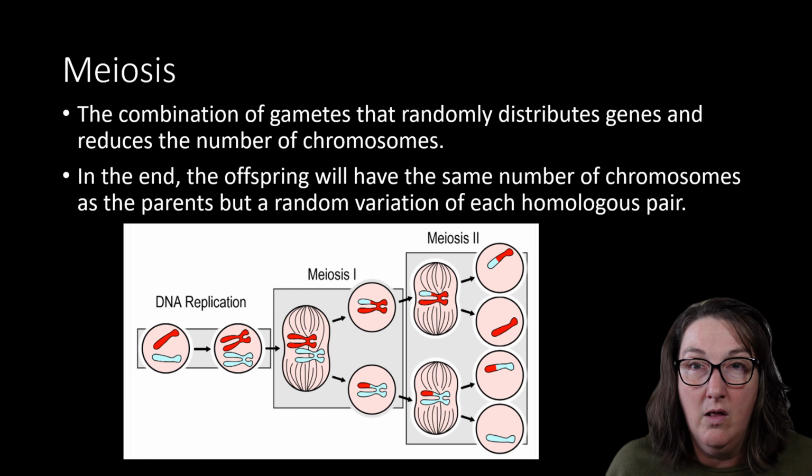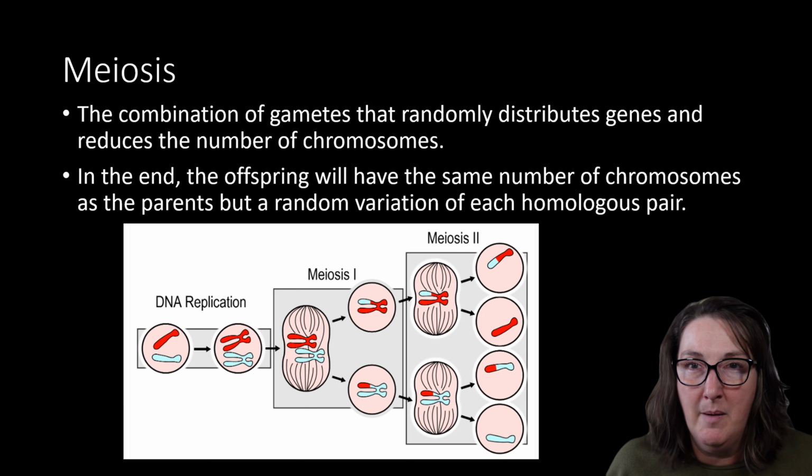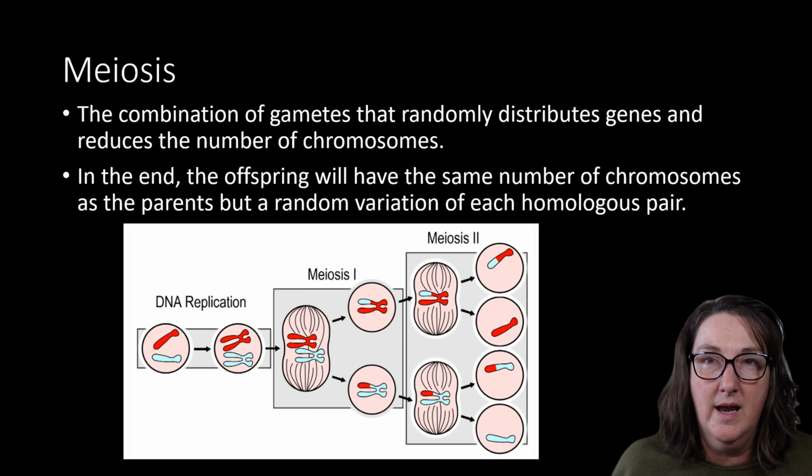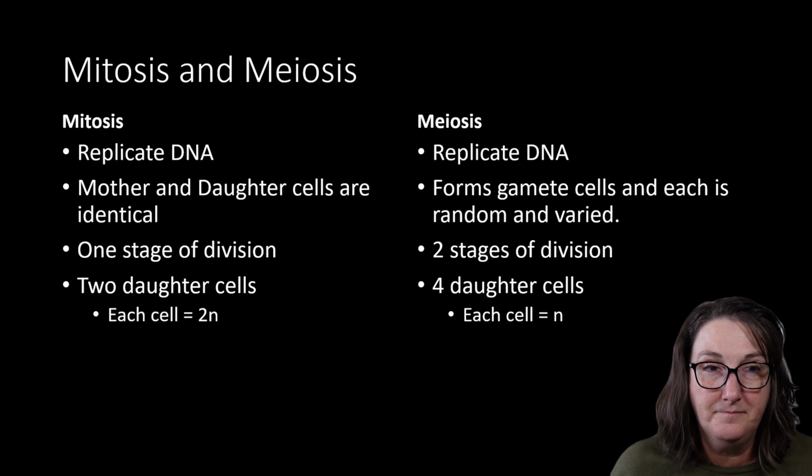In the end, all offspring are going to have the same number of chromosomes as the parents. Now, there are some genetic problems that can happen. Down syndrome is one, where they actually have an extra chromosome. But those are genetic issues that can arise during meiosis.